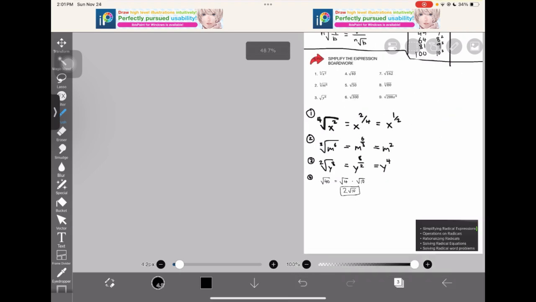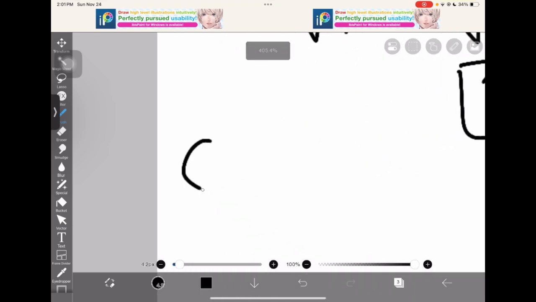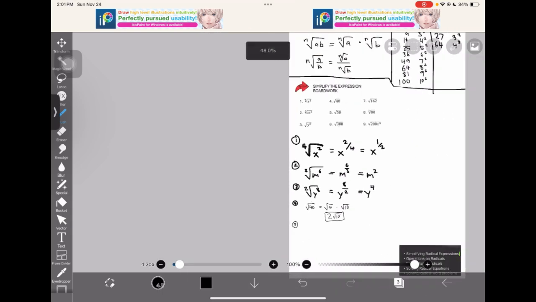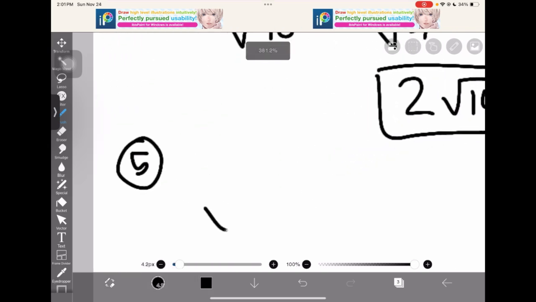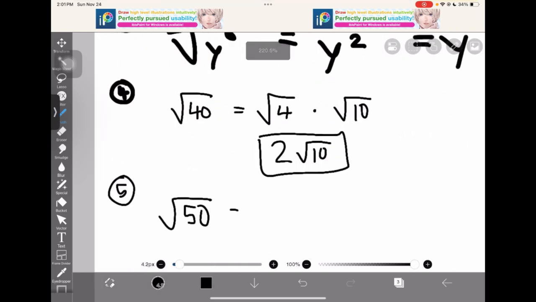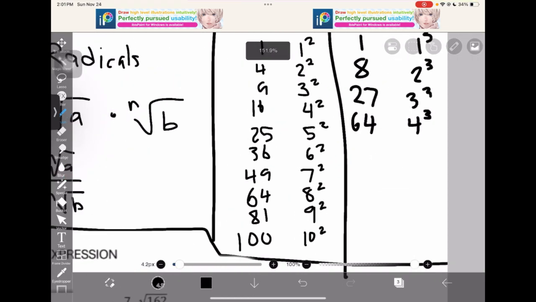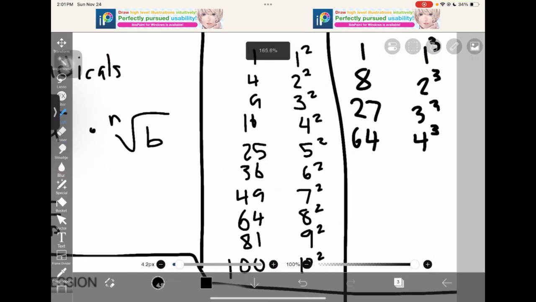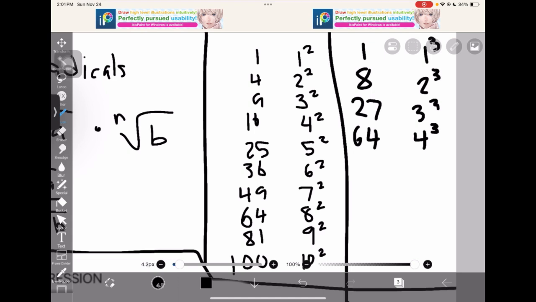Next one, number 5. Same case again here, square root of 50 this time. Do we see any number that we can divide 50 into, which will result in an integer other than 1? The answer is once again yes. It's 25.